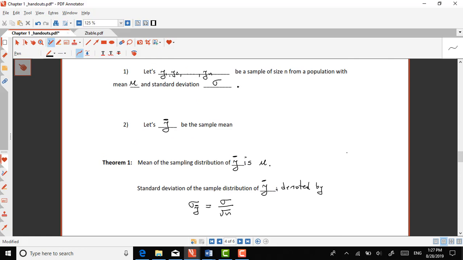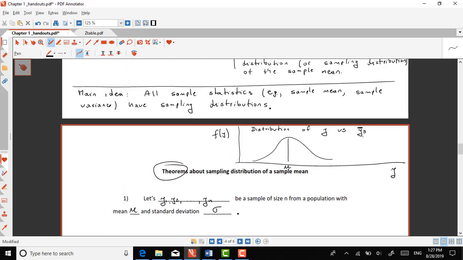So usually the other distribution is going to look something like that. Of course, it's not exactly to scale, because remember, the variability of the bigger one is given by sigma, and the variability of this one is given by sigma divided by the square root of n.